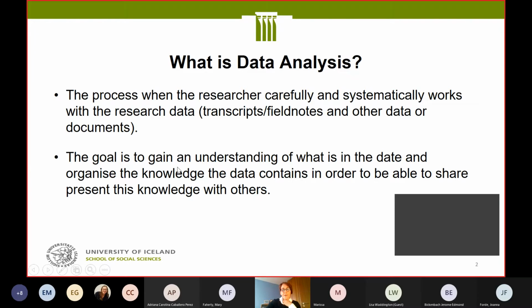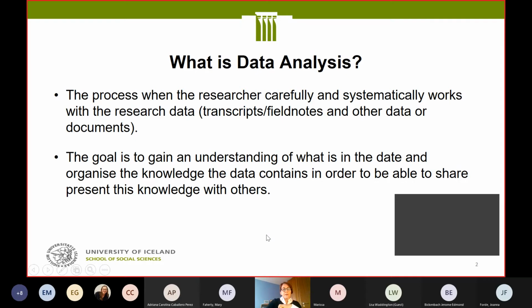Or these can even be personal documents that you obtain from people. Some qualitative researchers ask participants to write diaries that they then analyze. Or some people have life histories of participants that they also use for analysis. So it can be public or personal data.